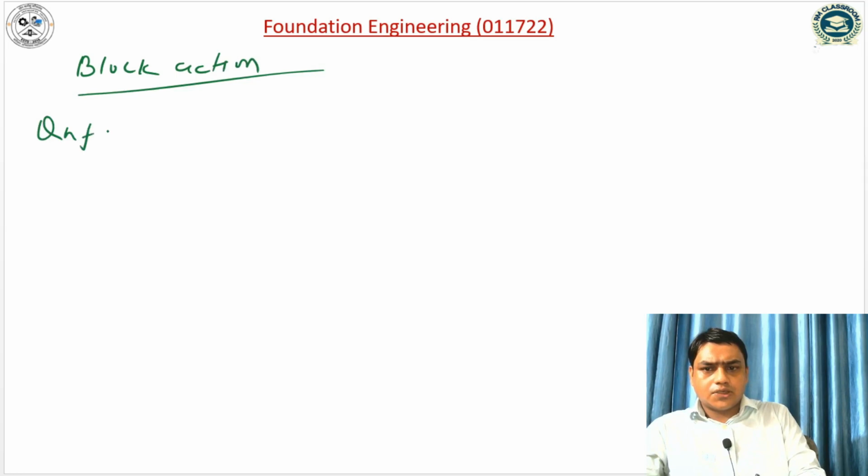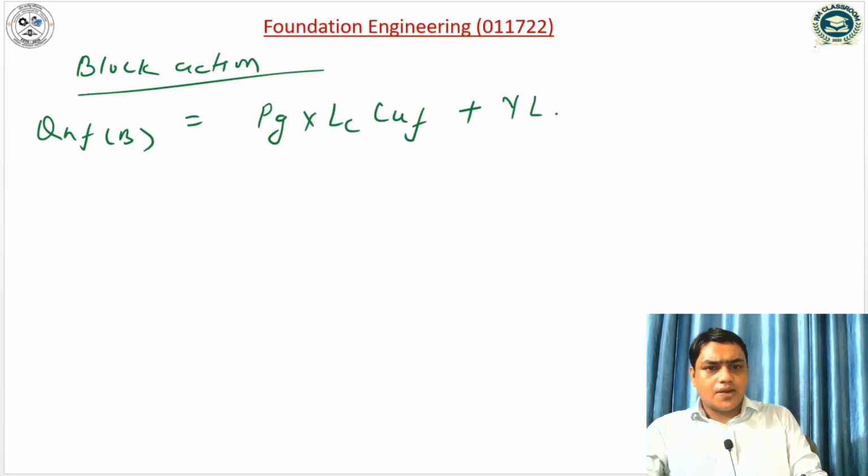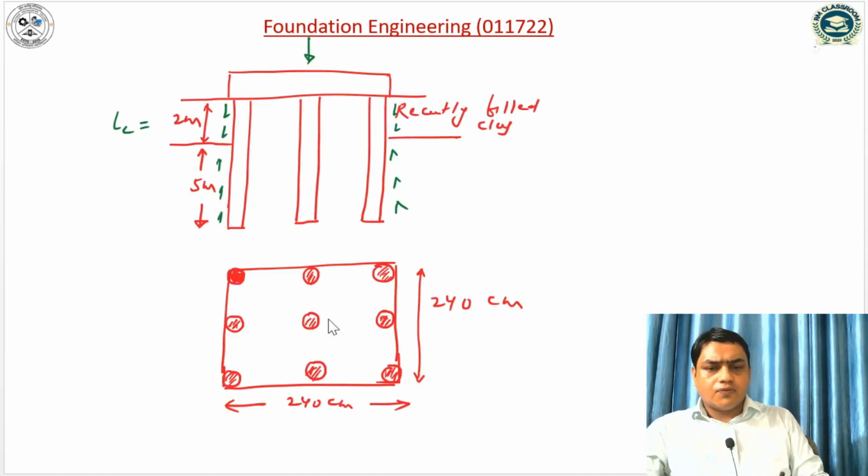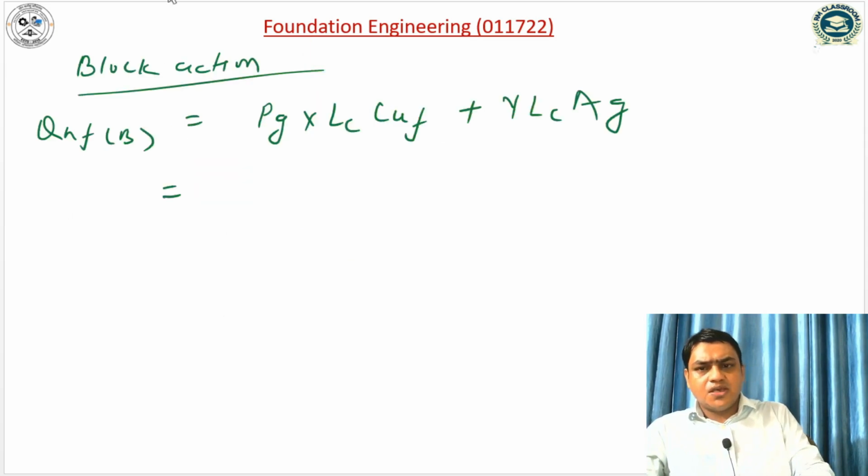So the negative skin friction block is equal to perimeter into LC into CUF plus downward weight of the soil, so gamma into LC into AG. The perimeter of the pile group can be written as 4 into B. So B is 240, so 4 into 2.4 into LC is 2 into 15 plus unit weight of the soil is 16 kilonewton per meter cube.